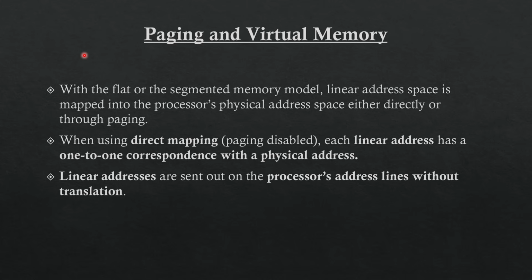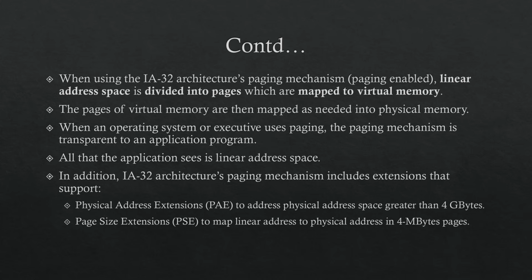But what happens whenever paging is enabled? Whenever the paging mechanism is enabled, the linear address space is divided into pages which are mapped into the virtual memory. And the pages of virtual memory are then mapped as needed into the physical memory. That is what is done whenever paging is enabled. Another advantage of paging is that there is transparency in the application's paging mechanism.